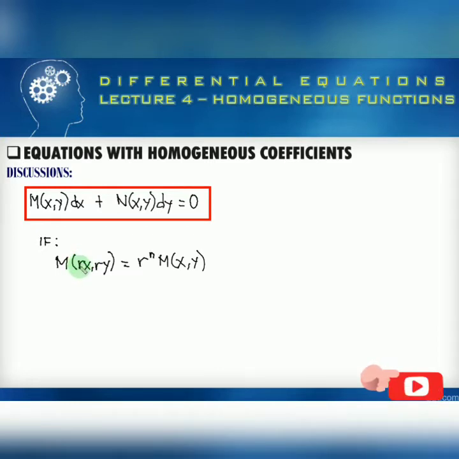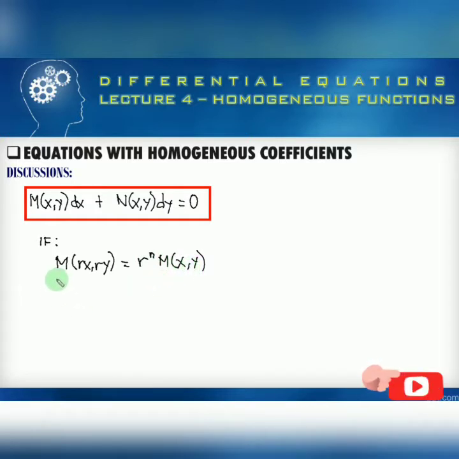Why do we have M as a function of rx and ry? Because this is used for the two cases presented: M(rx, ry) equals r to the n times M(x,y).